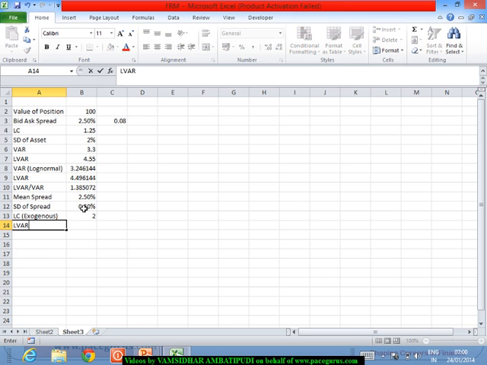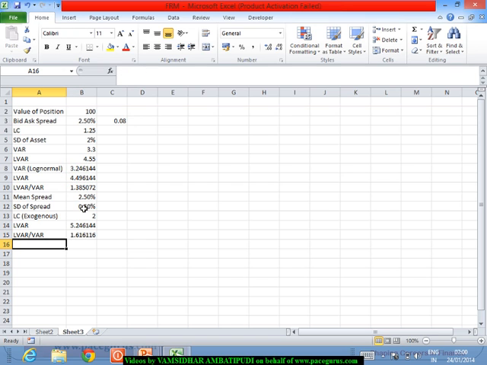So now the modified LVAR is going to be the initial log normal VAR plus the associated liquidity costs, and the updated LVAR by VAR ratio this time is going to be this much divided by the VAR, which is giving me almost 61%.